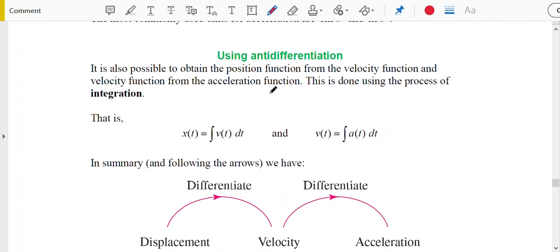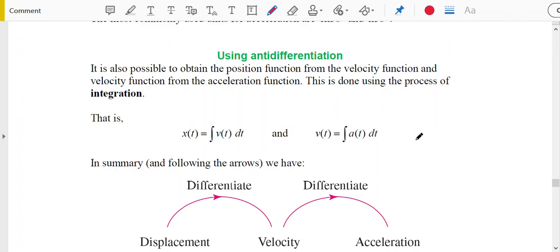So using integration, I could say that the position function, x of t, could be calculated by doing the antiderivative of the velocity function with respect to time, and that the velocity function can be calculated by finding the antiderivative of the acceleration function with respect to time.